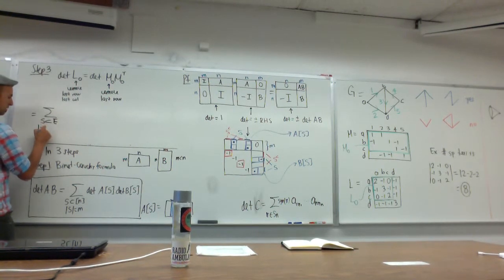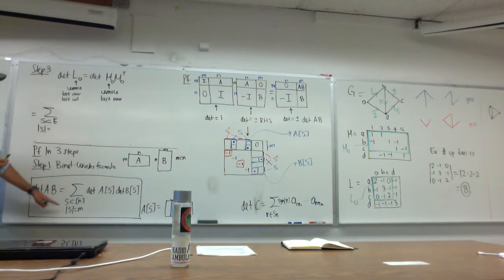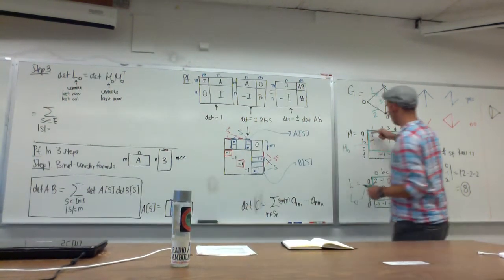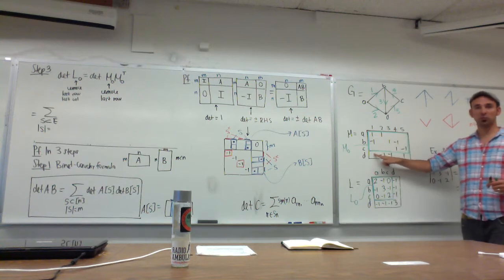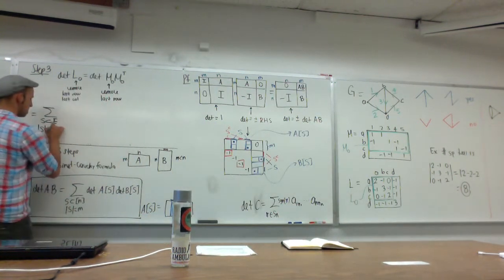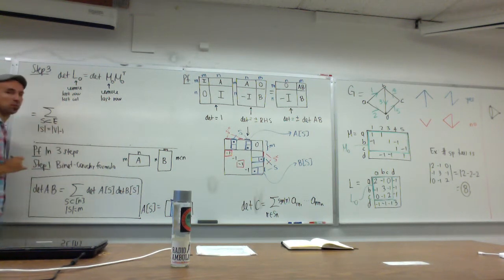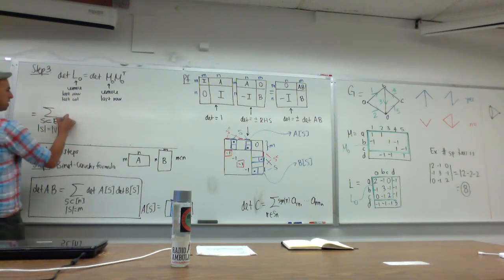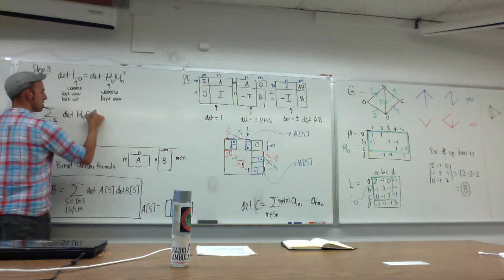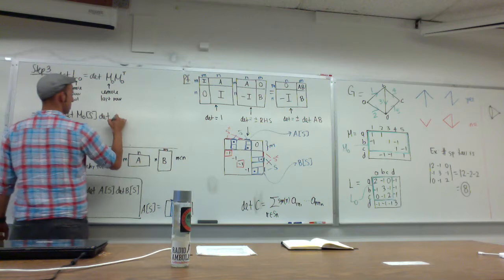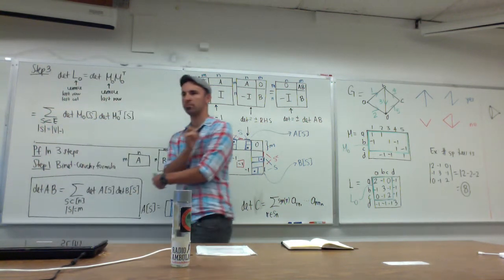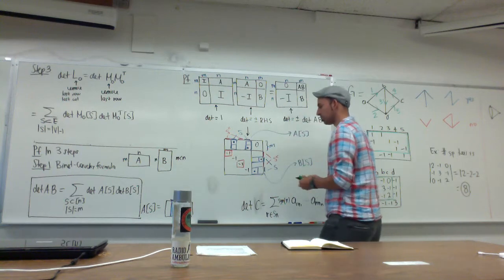And the size of S should be, in this case, this height, which is the number of vertices minus 1. And then I'm supposed to do the determinant of M0 S, determinant of M0 transpose S. Okay?